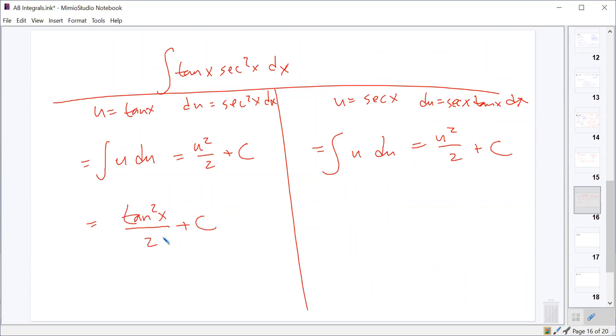this side gives me tangent squared x over 2 plus a constant. And this side gives me secant squared x over 2 plus a constant. Now they're both being divided by 2, and they're both having a constant added to them. But tangent squared is not the same thing as secant squared, is it?